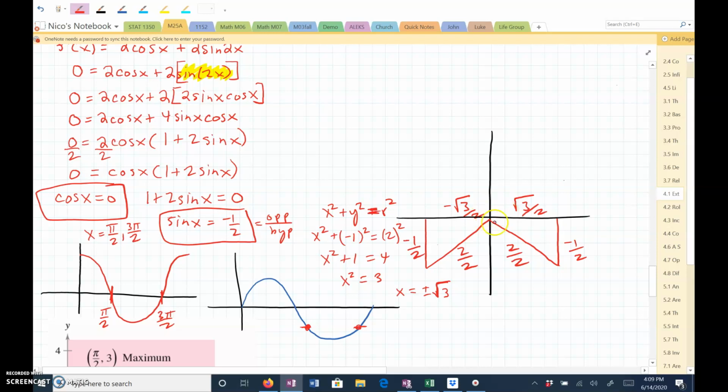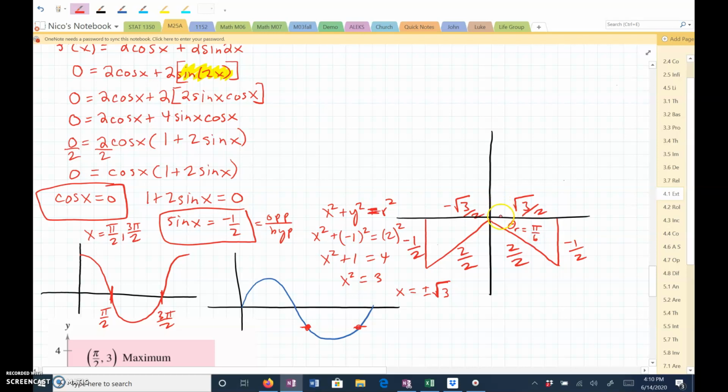So this reference angle in here must be, since the opposite is 1/2, 30 degrees, which is pi over 6.